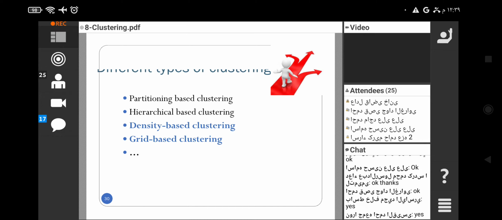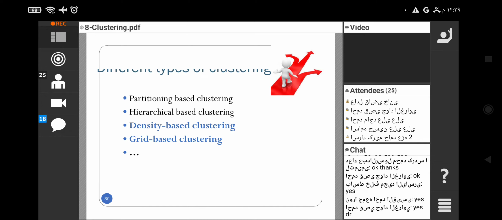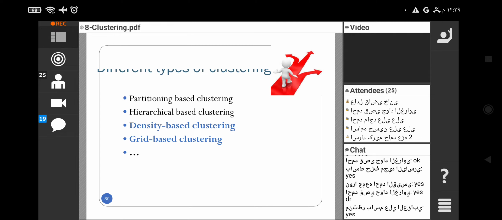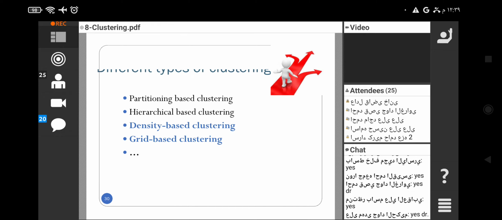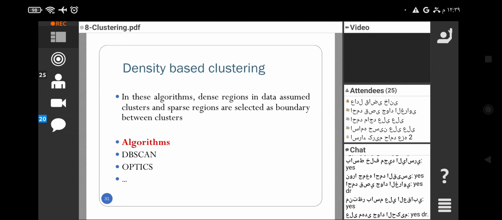Okay, so we have other types of clustering algorithms, density-based clustering and grid-based clustering. Here, I will just give a short description of these two types. In density-based clustering, we cluster the data based on density.